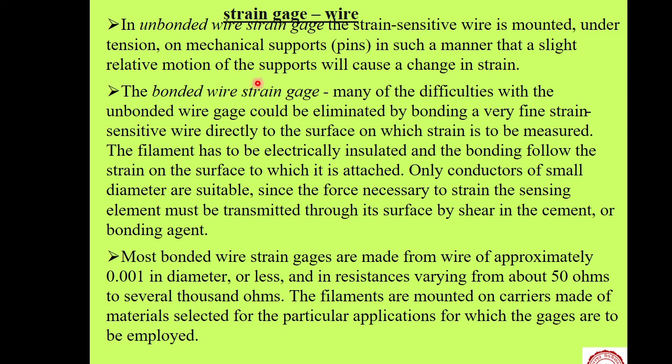These unbonded type strain gauges actually had some application in extensometers initially. But nowadays there is much improvement in extensometers also. Once upon a time there was some use of unbonded wire strain gauges. Then came the bonded type, the bonded wire strain gauge. There are major disadvantages of this bonded wire type.